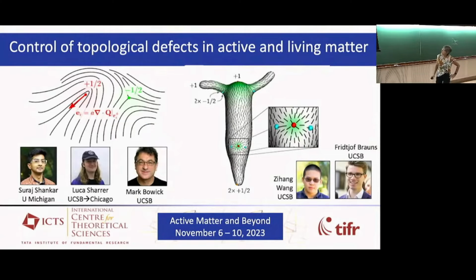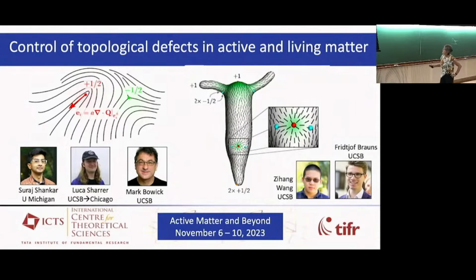Instead, what I want to talk about today is some work on how we can control topological defects in a couple of settings, in active liquid crystals. This is work that was done mainly by Suraj Shankar, who is here, by a wonderful undergraduate, Luca Scharrer, who's now a graduate student at the University of Chicago, and Mark Bowick.